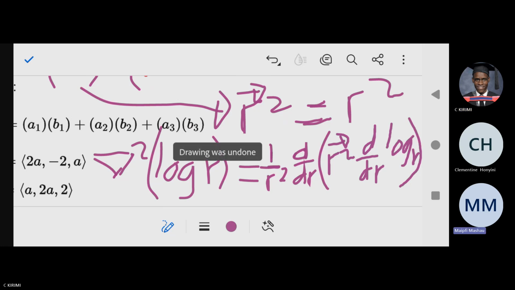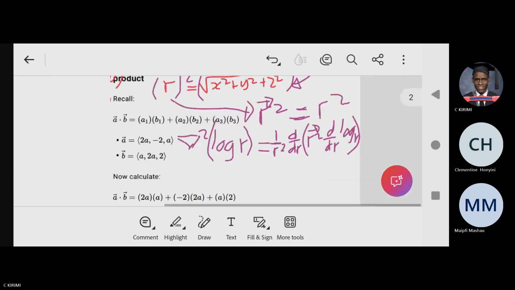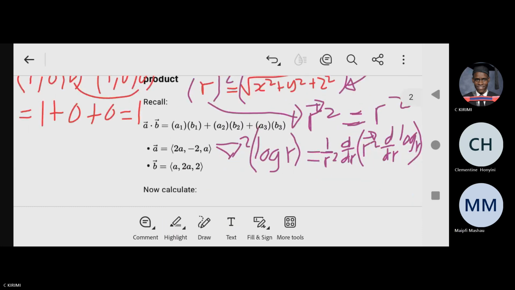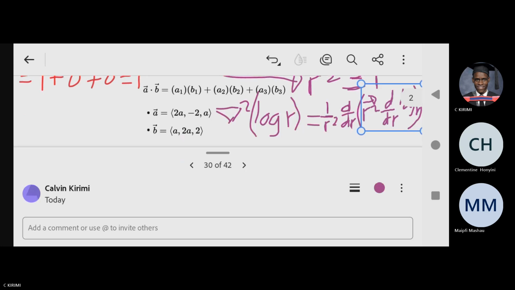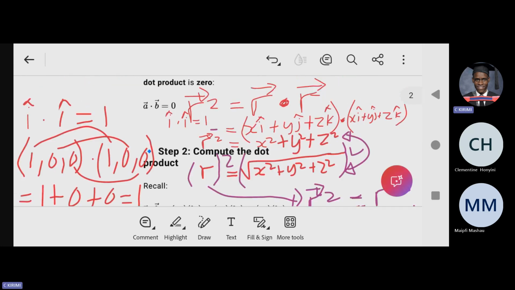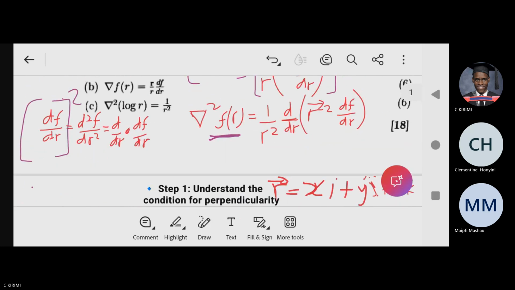And where are we taking log R from? Isn't it here, where we have df dr? So what is our f? Our f is the function.